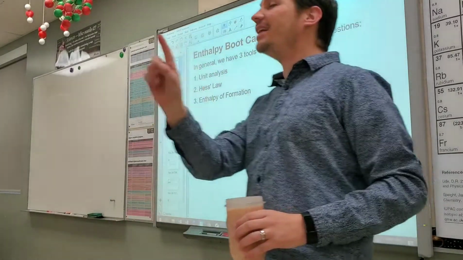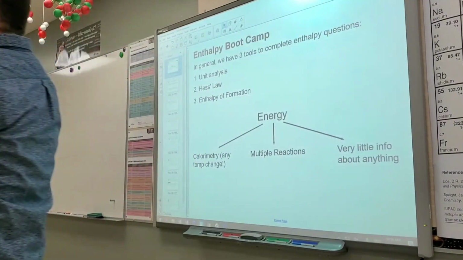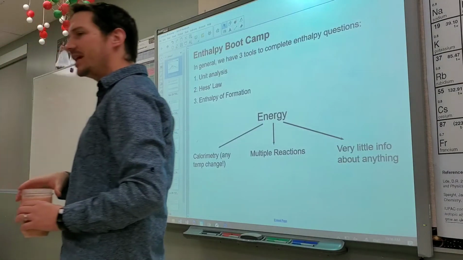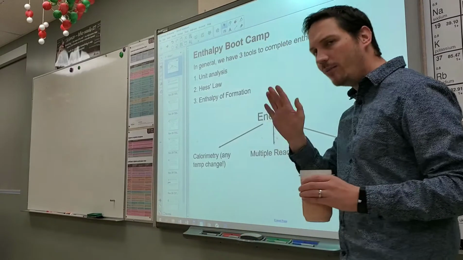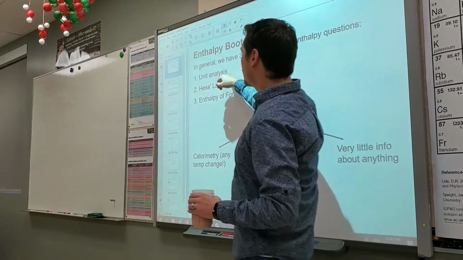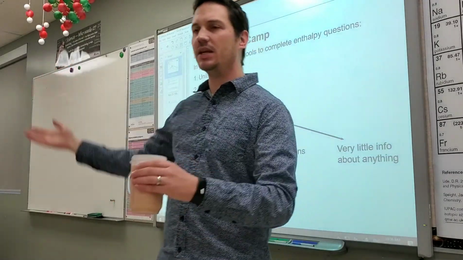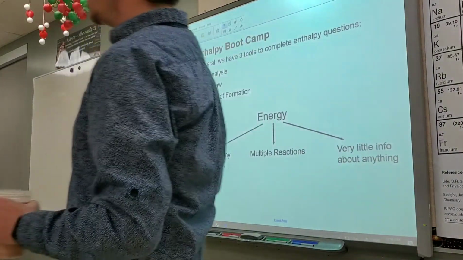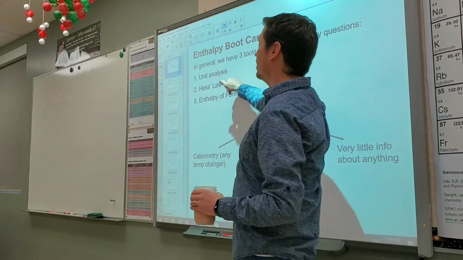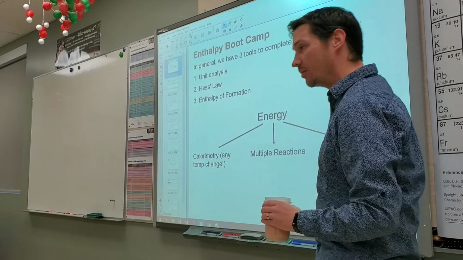We've kind of gone over 3 different ways to answer enthalpy problems. There's traditional unit analysis, and that's what we did on that 11.1, 11.2 quiz. Then there was Hess's law, that was our 11.3 notes, and then there was enthalpies of formation.